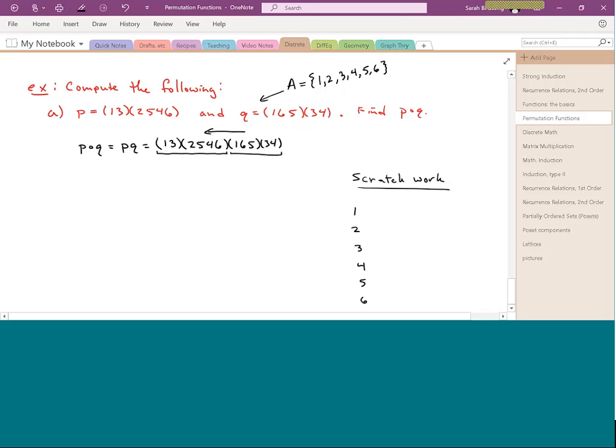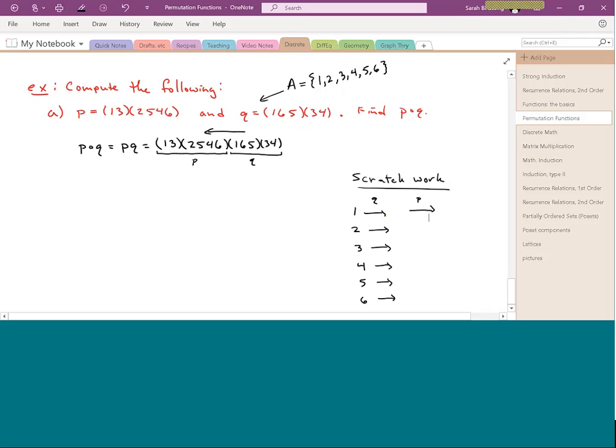The first function that we progress through is going to be the function Q first. Why Q first? Because Q is the one that is on the right. Then we're going to get an answer, and after we get that answer, we'll progress through the P function. If you don't bother to label these, you just track what happens to your number all the way through. You'll get the right answer either way.